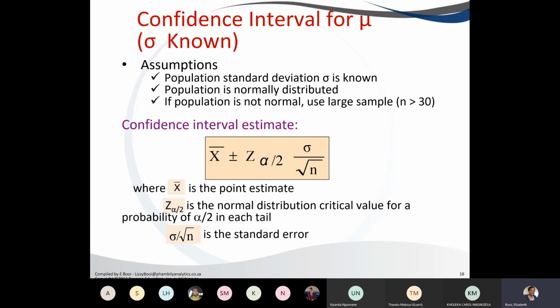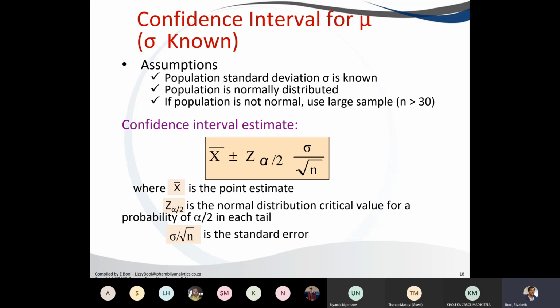To calculate the confidence interval for the mean, we use the point estimate, which will be the sample mean, plus or minus the critical value, Z alpha divided by 2, times the standard error, which will be the population standard deviation divided by the square root of the sample size.